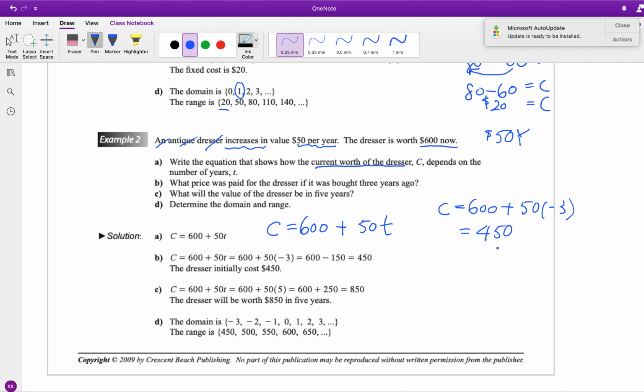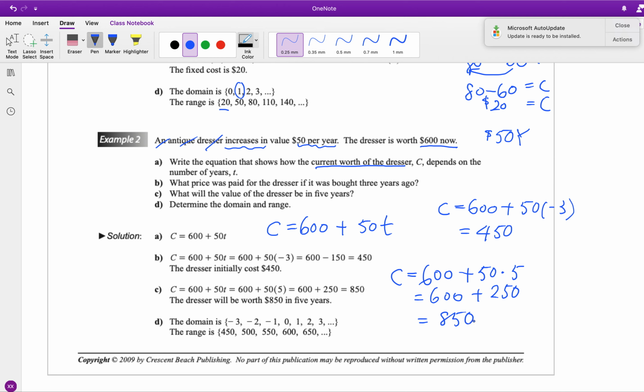So 450 is what you would pay if you bought it 3 years ago, but if you just bought it this year, then it's $600. Now in 5 years, well then sure, the cost starting from this year is 600, and each year increases by 50, so for 5 years, 600 plus 250, and you end up with 850.